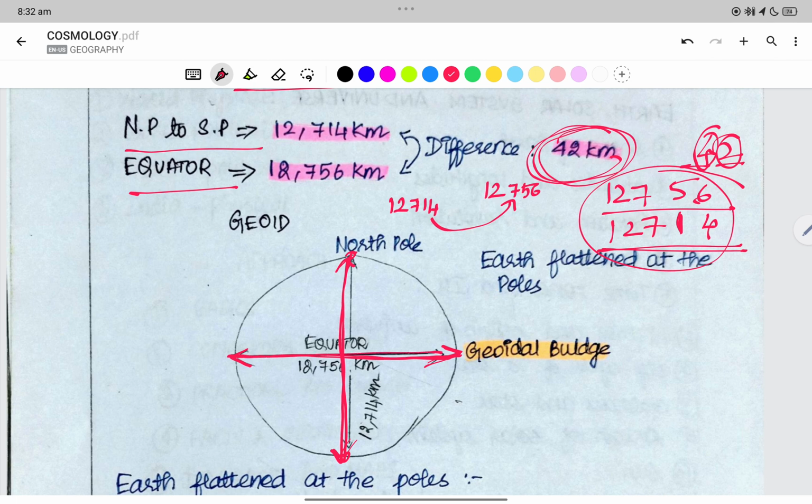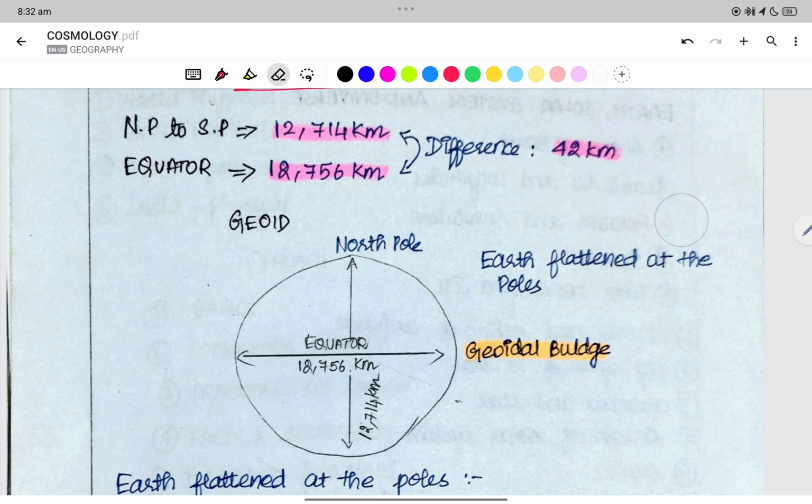So why do we have to look into this difference? Because to check whether earth is a perfect sphere or not. For a circle, the diameter is always the same, right? But for earth, the diameter of north-south versus the equator is not the same.